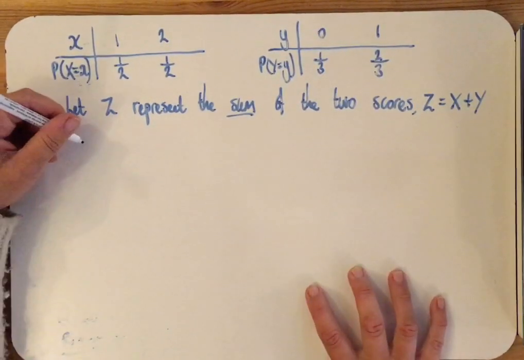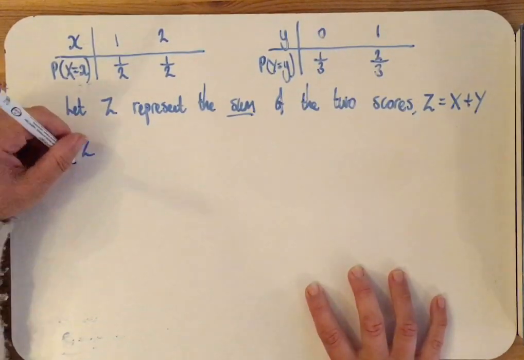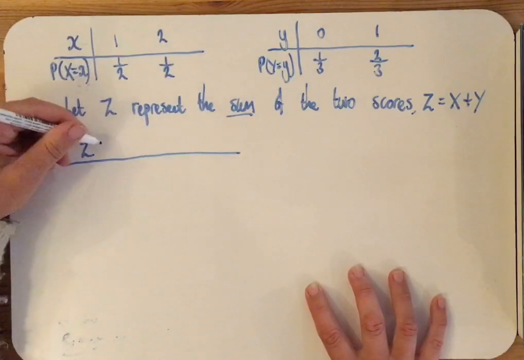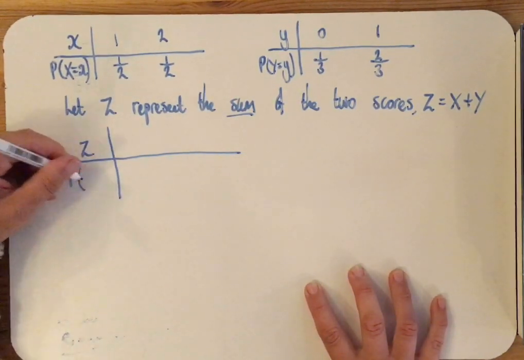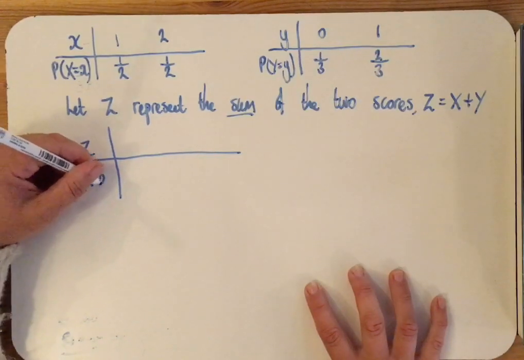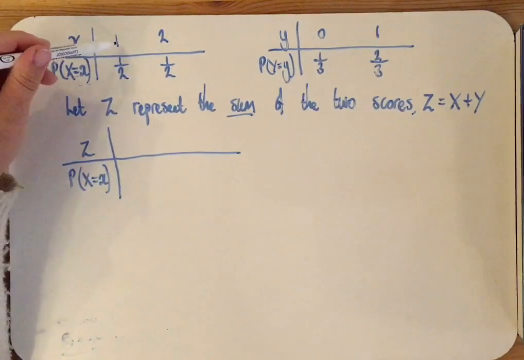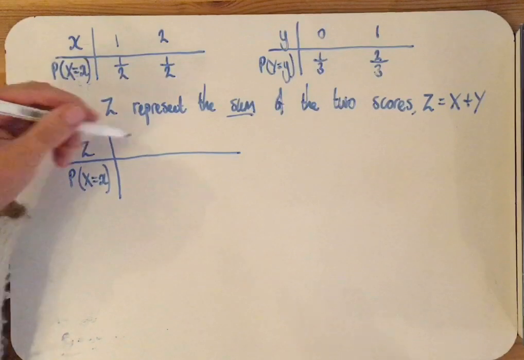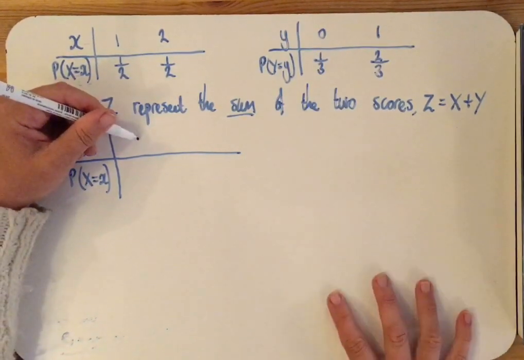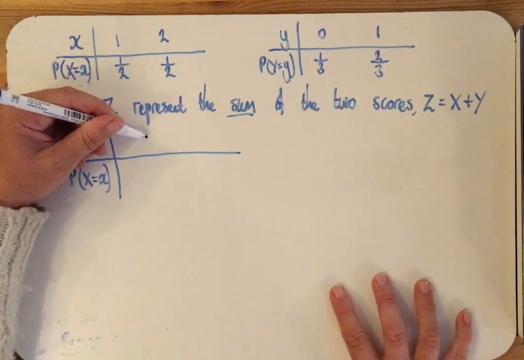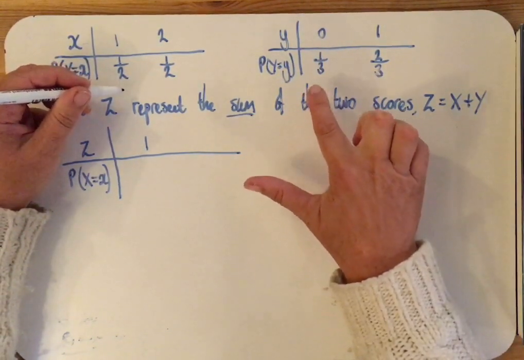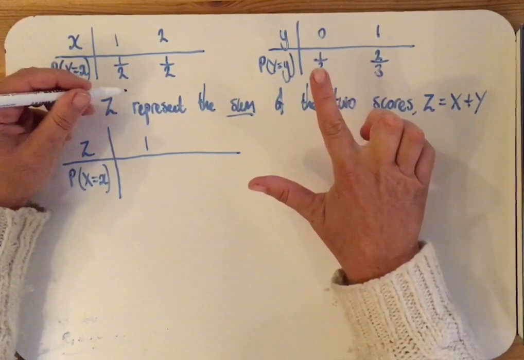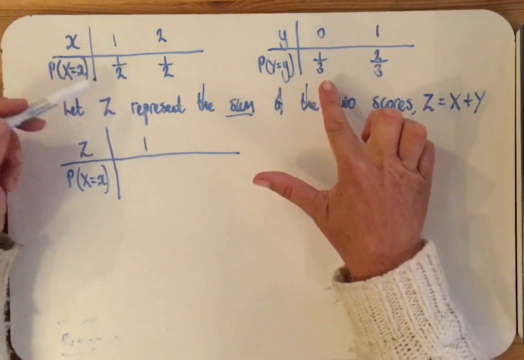If I pop this into a table, so I could get a total score of 1 if I get 1 on the first dice and 0 on the second dice. That's the only possibility. And the probability of getting that is going to be half times 1/3 because they're independent events. If they weren't independent, then that wouldn't necessarily be true.